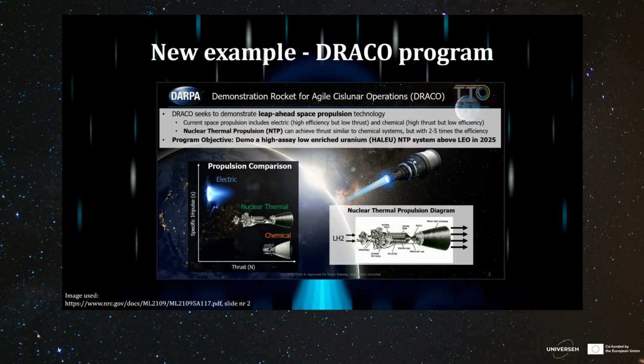Under Draco, a nuclear thermal stage using a solid core fission reactor with enrichment up to 20% of U-235 will be built and flown in Earth orbit as a technology demonstration. The reactor will remain turned off, of course, until the spacecraft is safely outside Earth's atmosphere, after which it will be activated to heat hydrogen propellant to produce thrust.